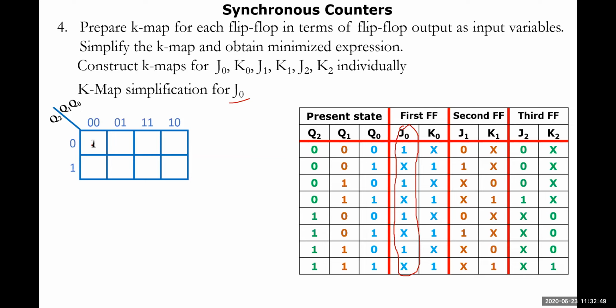First one is 1 plotted, and second one is don't care plotted. Then this value followed by this value, don't care. Then followed by this value, so 1, 1, 0, 0. So 1, 0, 1, don't care, and this value. In this way you have to construct it.